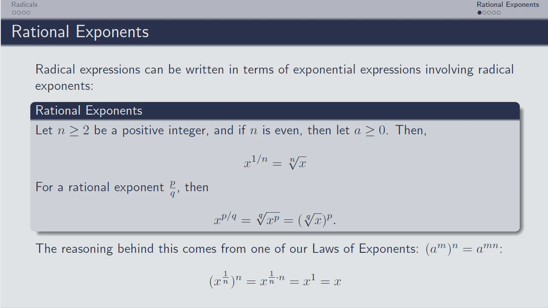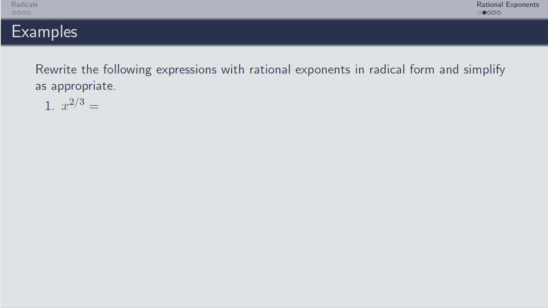So x to the 1 over n power has to be the number that when you raise it to the nth power, you get x, right? So that's why this has to be true. So x to the p over q power is the qth root of x to the p, or the qth root of x to the p power. The order we do those in doesn't matter, right?